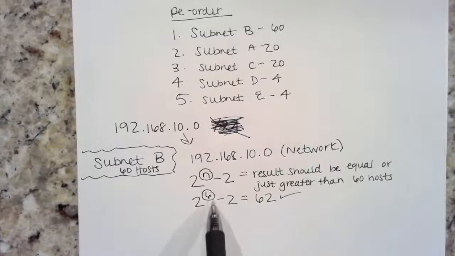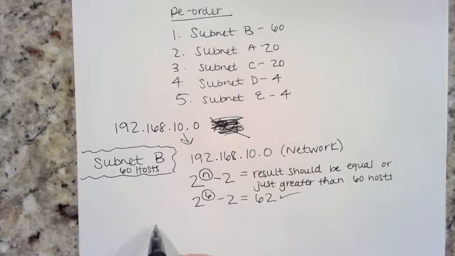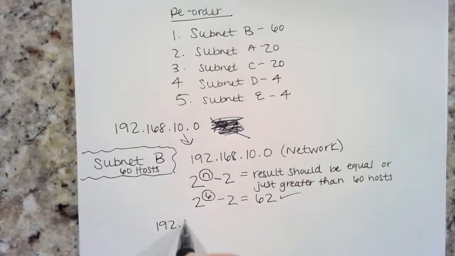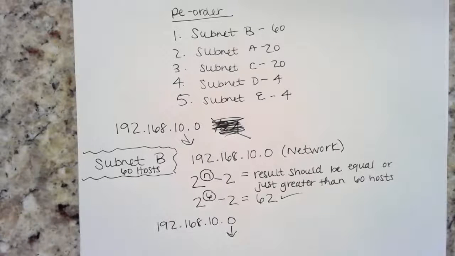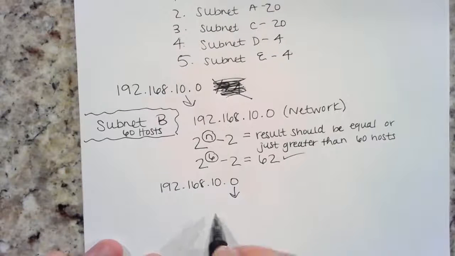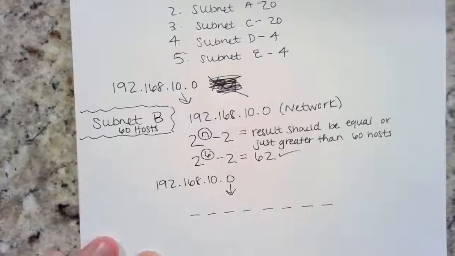What that actually means is how many bits we borrowed from our starting address. So if I rewrite this, remember that we have 8 placeholders in every section. So if I draw out my placeholders, 1, 2, 3, 4, 5, 6, 7, 8. Remember, all of them have a value.